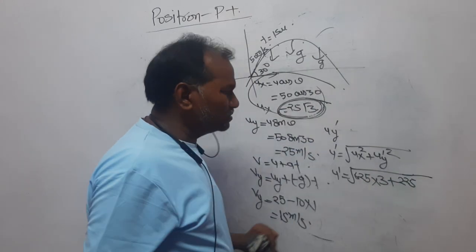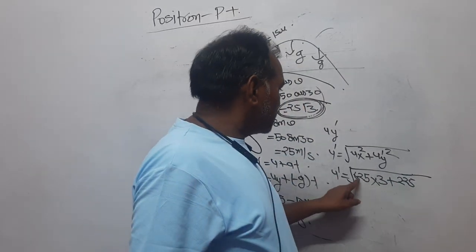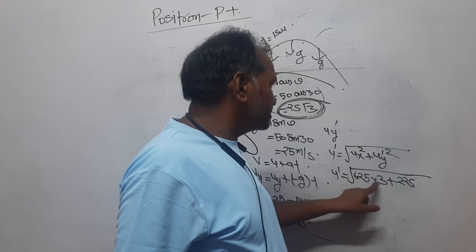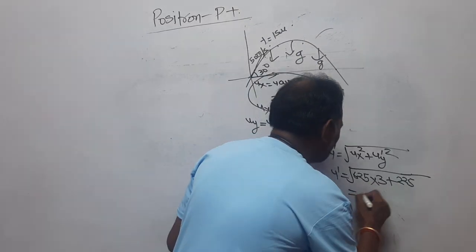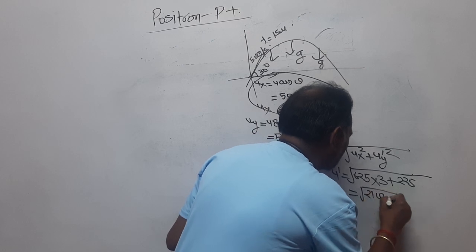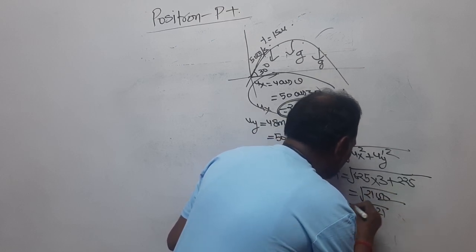Now solve this and you will get the answer. 6 is 18, 1875. This works out to be nearly root 2100, that is 10 root 21.